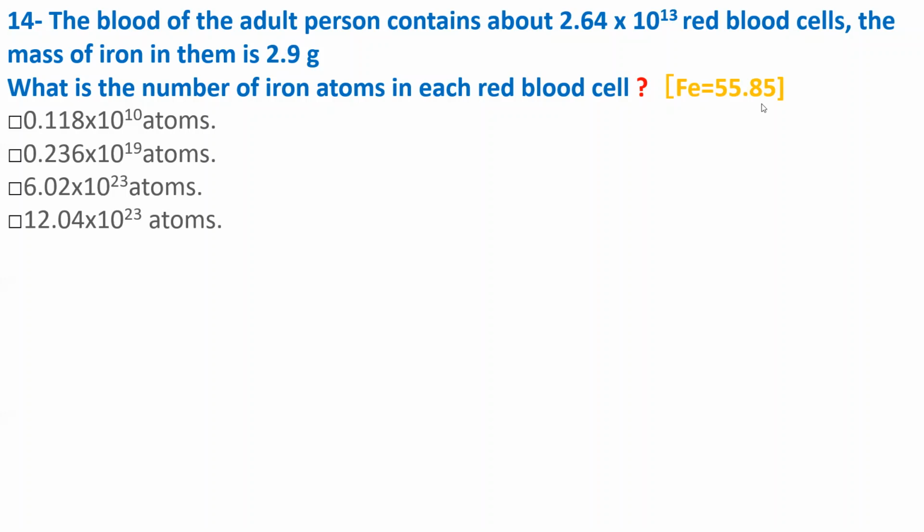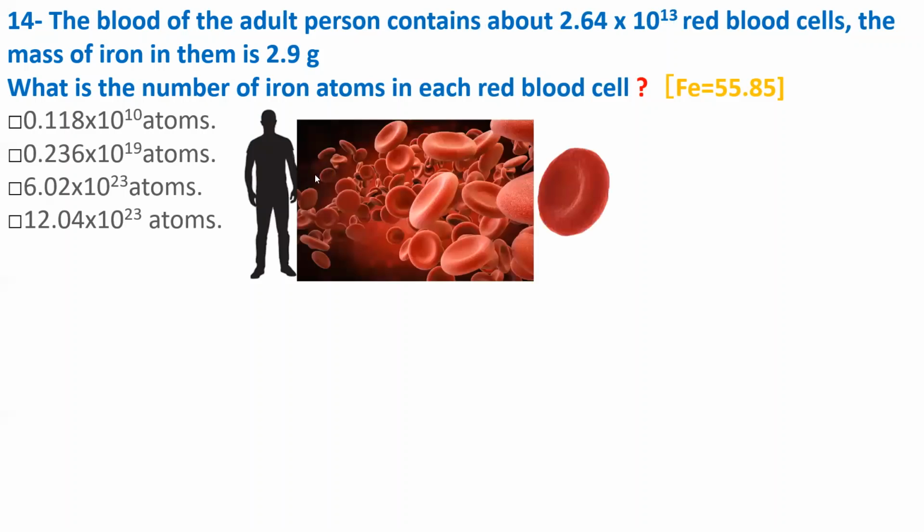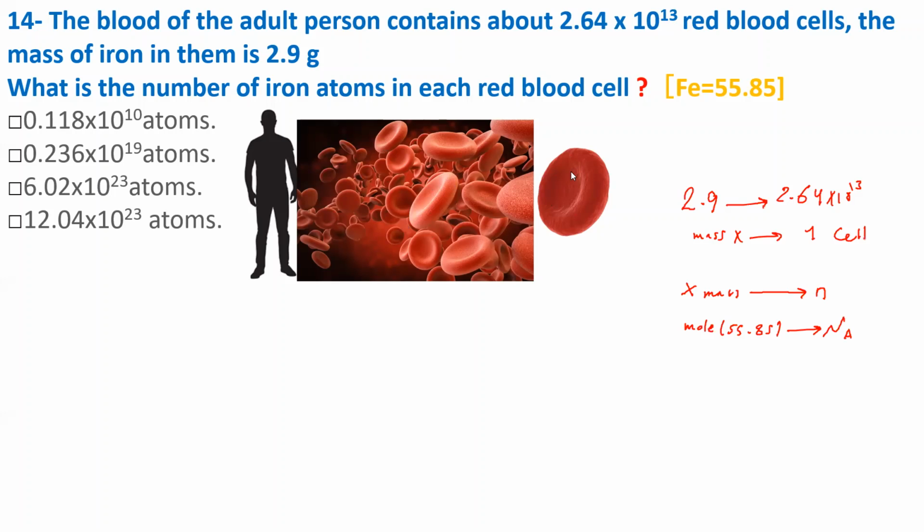Here, this is the molar mass of iron, 55.85. The adult contains this number of cells. He needs to calculate what one red blood cell contains. So 2.9 is the total mass, has this number of cells, and the mass of iron in one cell is x. So calculating by cross multiplication, we find the mass of iron.